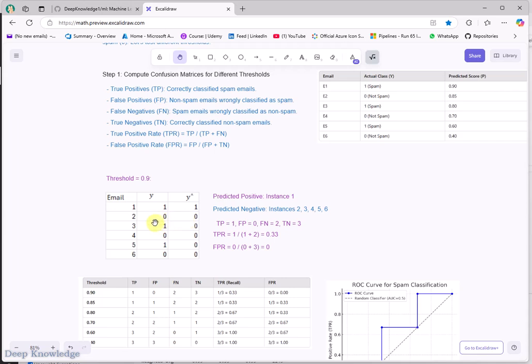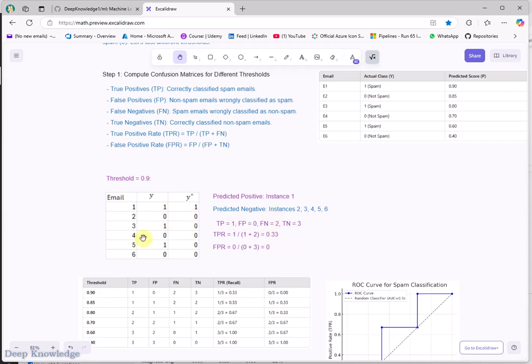What is a false positive? If the email is ham, or not spam, and is classified as spam. As you can see here, this is 0 and it's predicted as 0, so it's not 1. There's no false positive here.